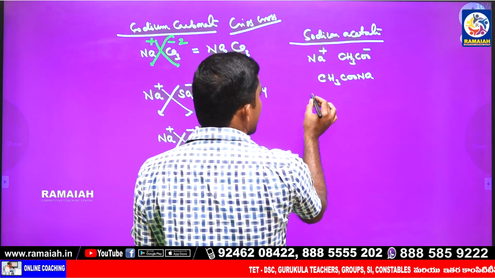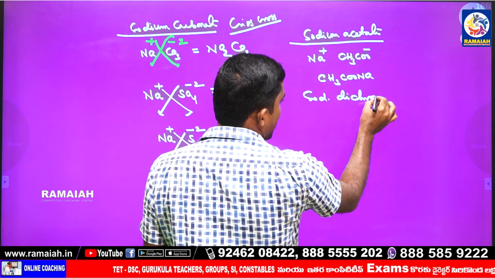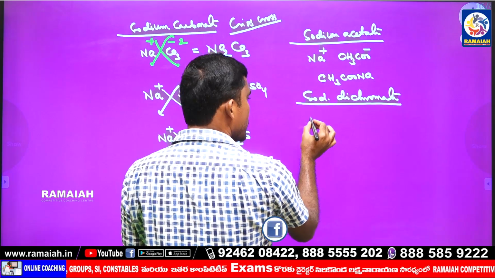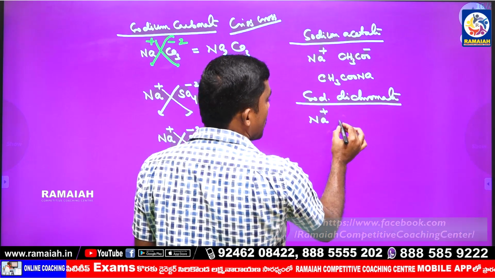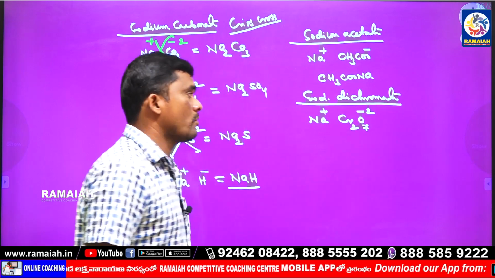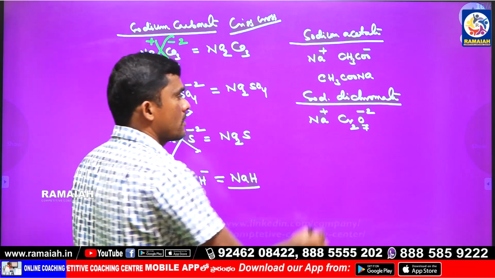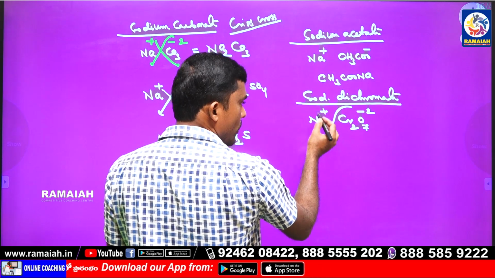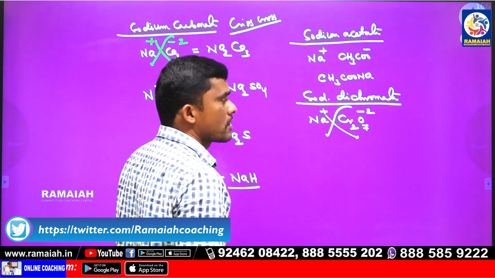Sodium dichromate. How to write sodium dichromate? Sodium means Na plus. The formula of dichromate is Cr2O7 minus 2. Are the charges equal? Not equal, so use the crisscross method. The magnitude of the charge goes below Na plus, and the other below Cr2O7.